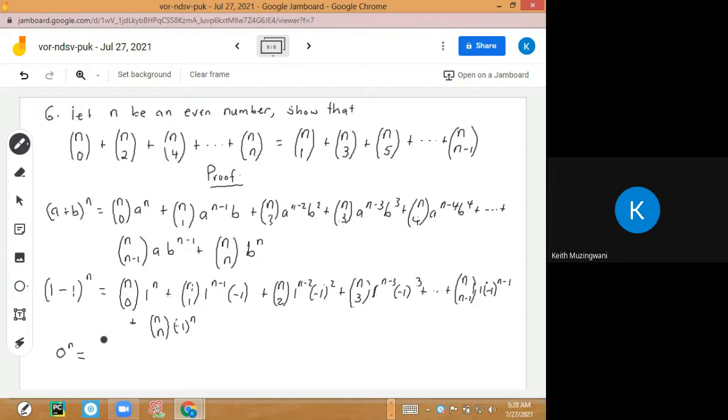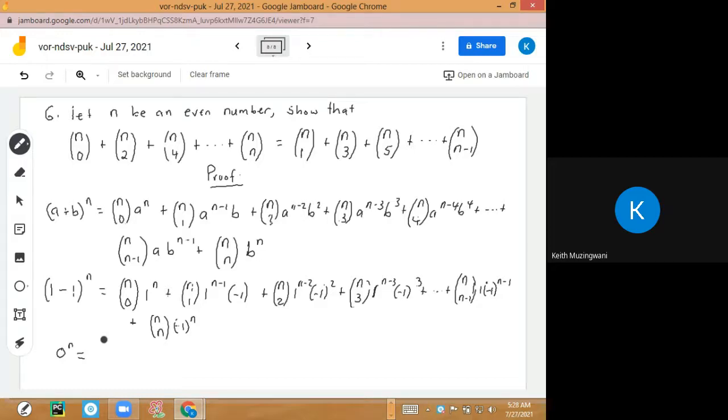Okay. So you should be able to finish up this, because you can see that now you have 0 power n, and 0 power n is 0. So this side we have 0. Then the negative ones will be where we have odd numbers: n1, n3, n5, n choose n minus 1. All those parts will be negatives.